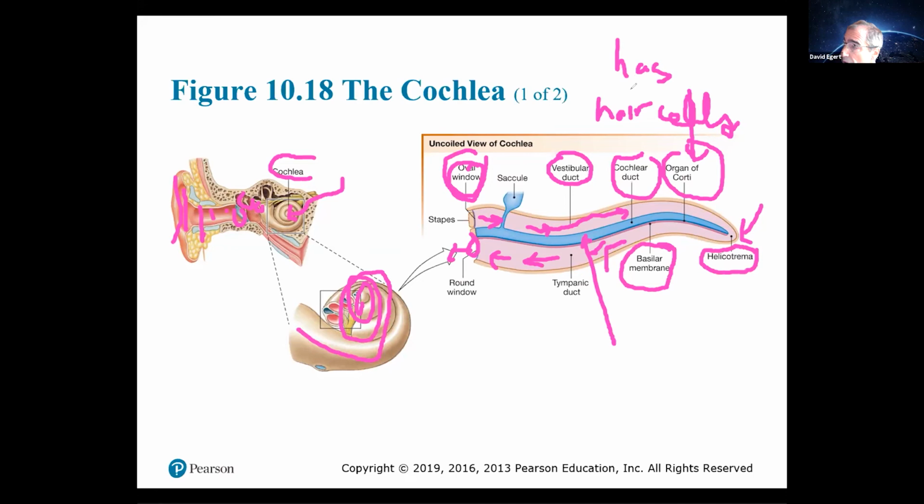Like I said, we are concerned a lot with the sensory transduction, and the hair cells do the transduction. They convert the movement into electrical signal, and they're in this organ of Corti sitting on top of the basilar membrane here in the cochlea.